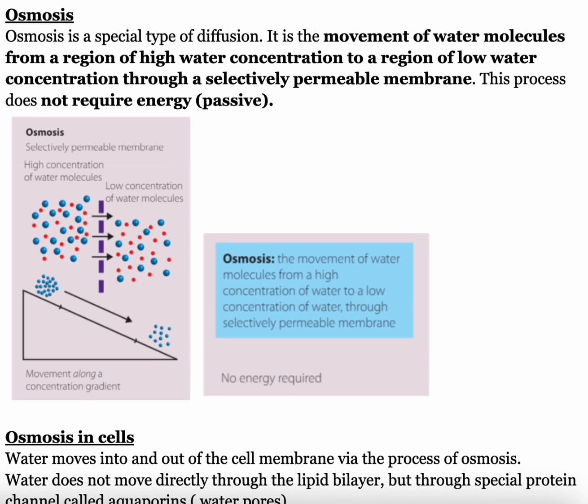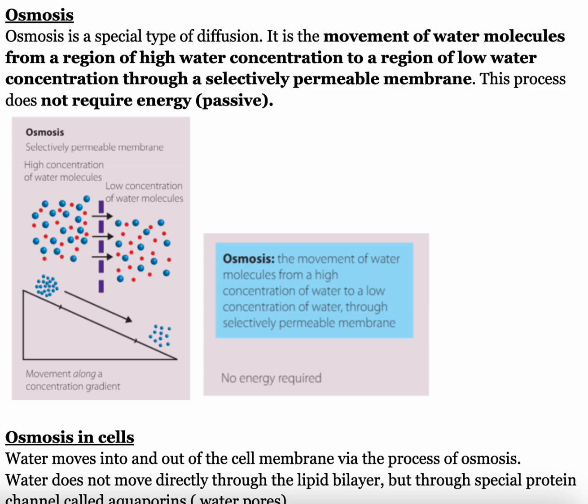Now let's go on to osmosis. Osmosis is like a special type of diffusion. Basically, it's not the movement of anything else. It's the movement of water molecules only from a region of high water concentration to a region of low water concentration. It does this through a selectively permeable membrane.